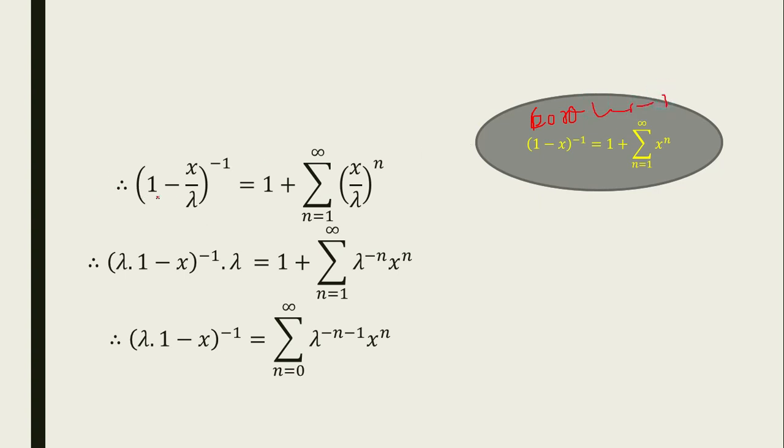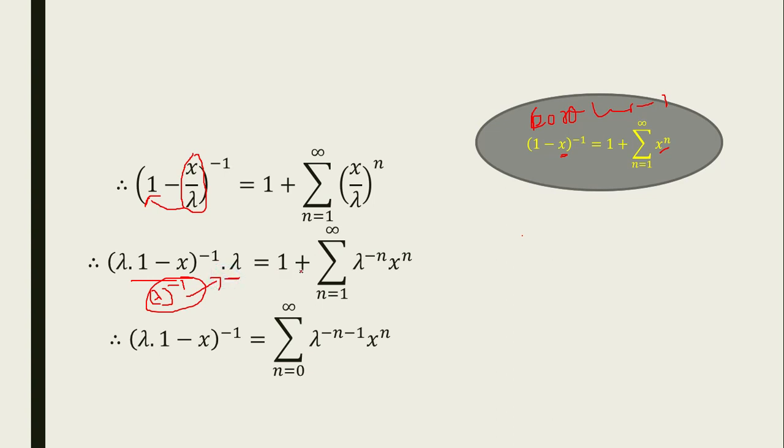Multiply by lambda: lambda into (1 minus x upon lambda) raised to minus 1 is equal to 1 plus summation n equals 1 to infinity of x raised to n upon lambda raised to n, so lambda raised to minus n into x raised to n.